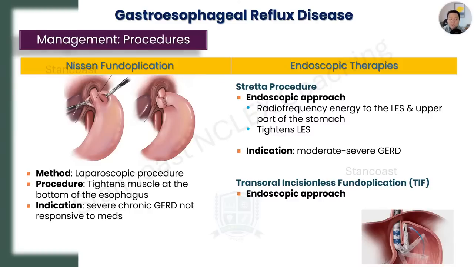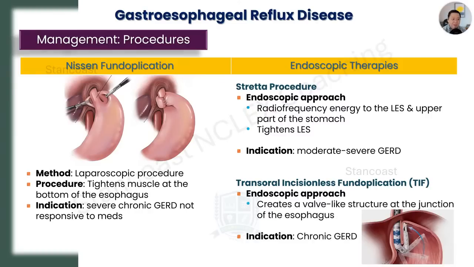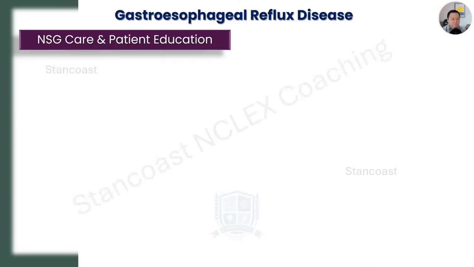Now, we will be talking about the different nursing management and care involved in GERD. Part of that will be to discuss the food items and activities to avoid, those CATCH acronym that I mentioned.